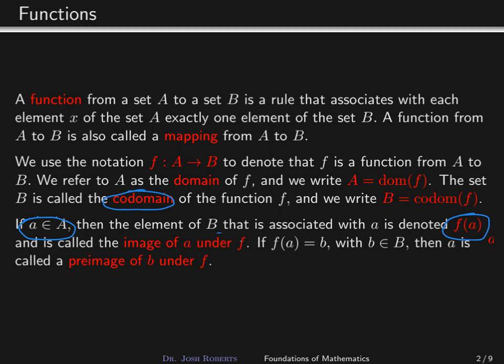However, if I start out with something in B and want to find out what particular a goes to it, then I have a pre-image. That is something that happens before I apply f.